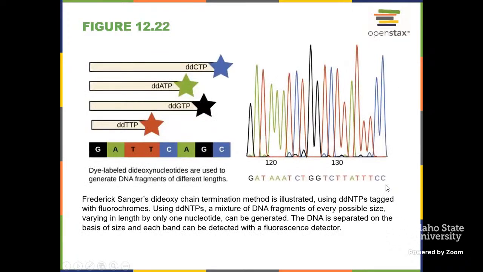So that makes it stop, but we need a way to detect it, right? How can we color code this to make it work? So there are some fluorescent tags that link up to the respective bases, and they glow when this happens, all right? So the DD is the dideoxy, so it's the one that's lacking that oxygen, and it's also got this fluorophore, this molecule that will fluoresce when it gets excited.